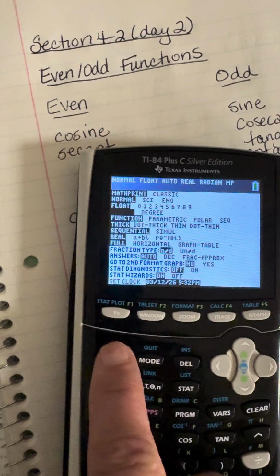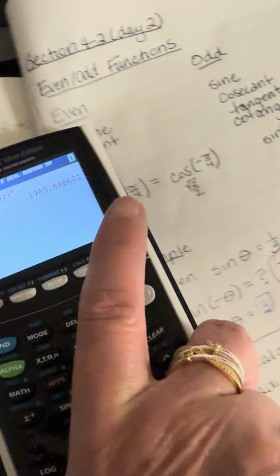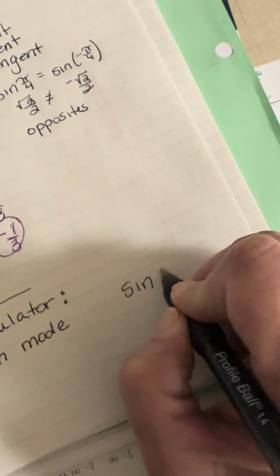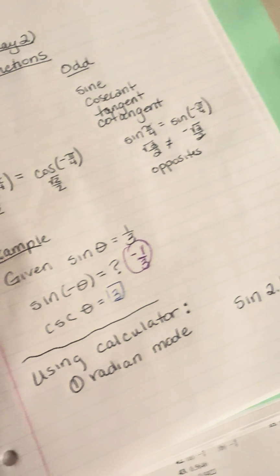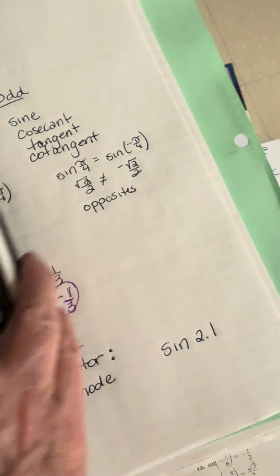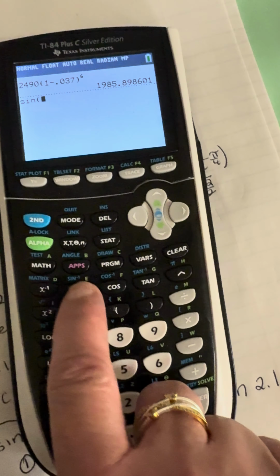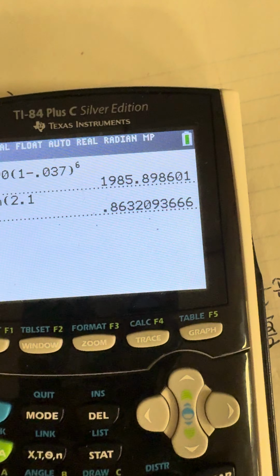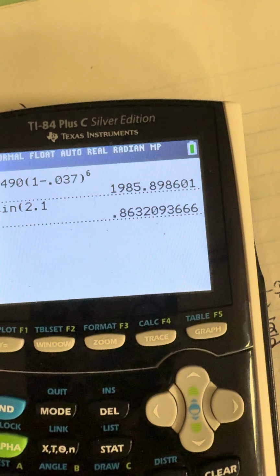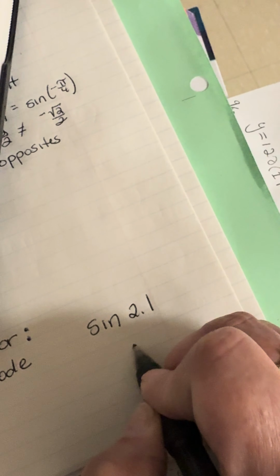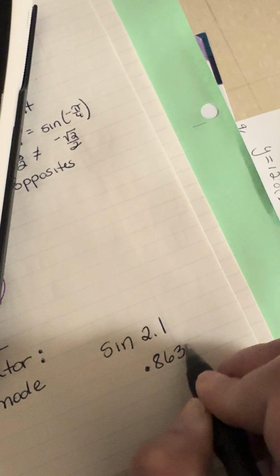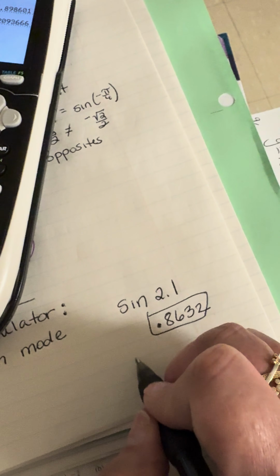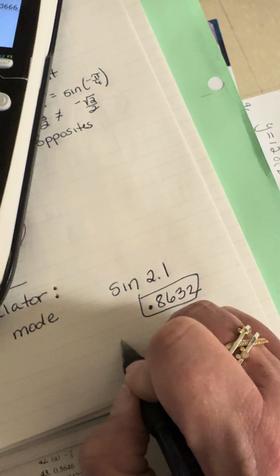Now it's in radians. So now if I want to do anything, like the sine of 2.1, that's radians because there's no degree symbol there. So I'm going to do sine 2.1, and then there is the answer, 0.8632. Now, they're also going to ask you about the reciprocal functions.